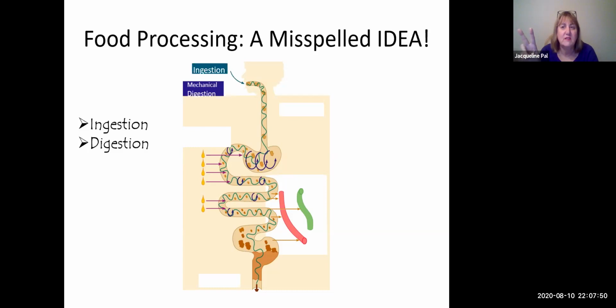And there are two different types of digestion. The first is mechanical digestion, where we take something bigger and through various mechanisms, we make them into a lot of smaller particles. So the big reason for that is if something is big, this is its surface area.